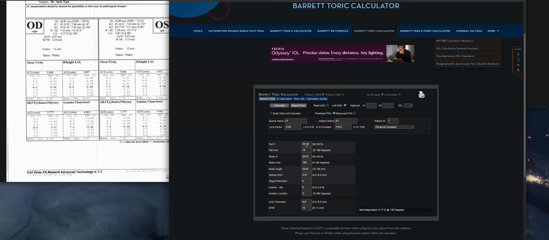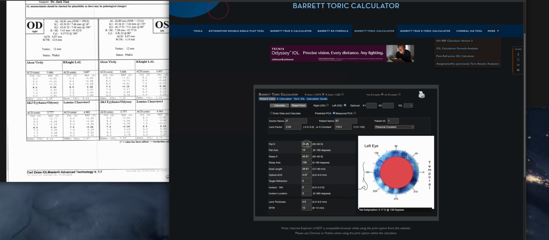So 45.36, 170, 46.17, 80, 26.89, and 4.07, and 11.9 is the white to white. So calculate.